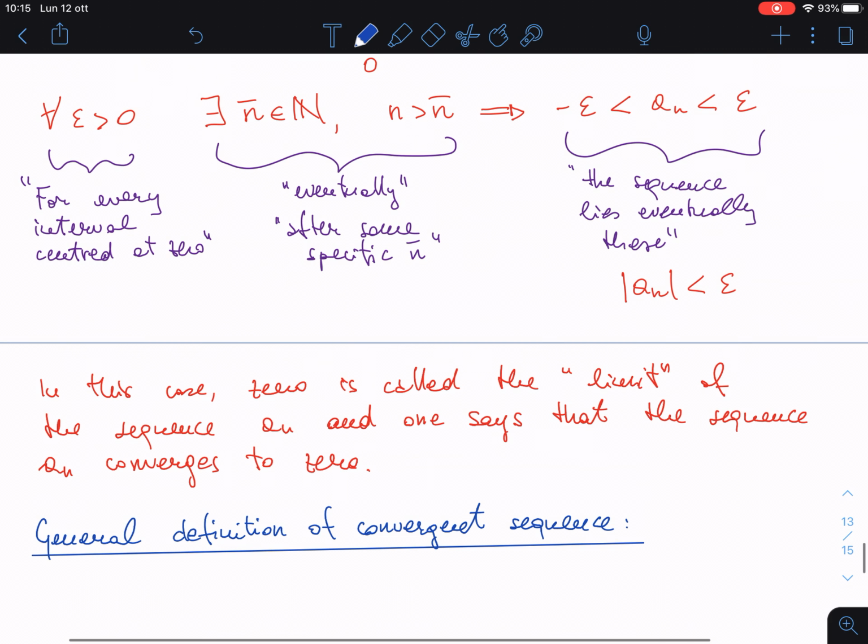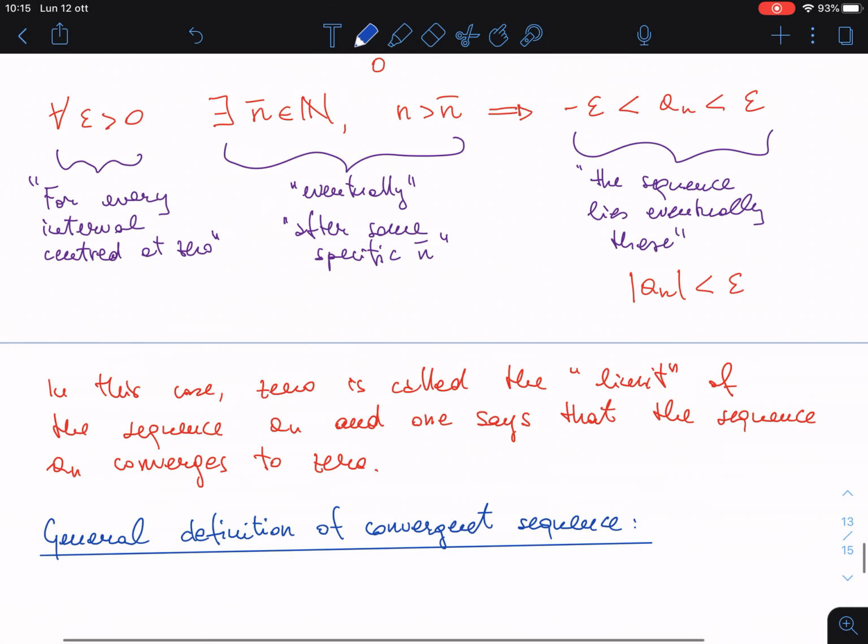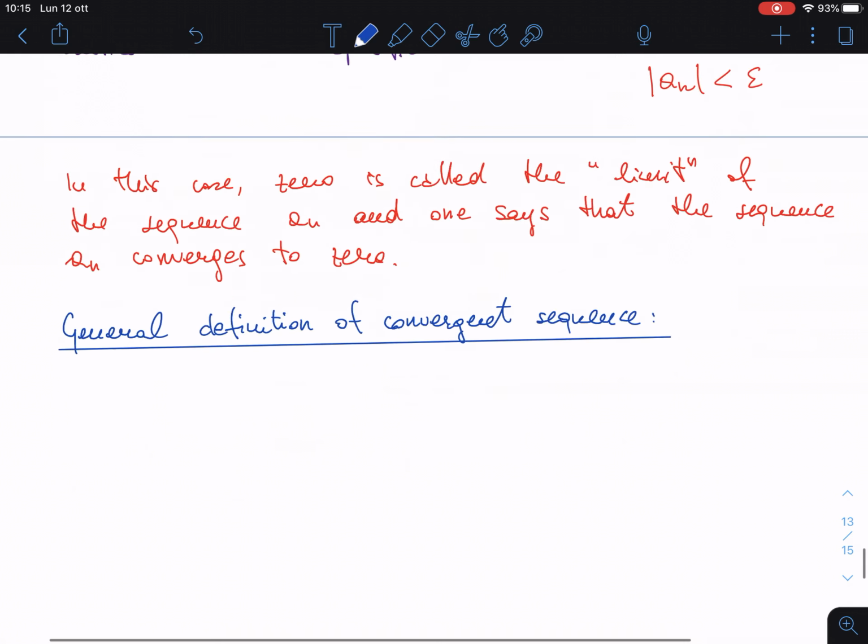What we have to generalize, we have to start to consider a generic an, but in particular the fact that the limit is not 0.